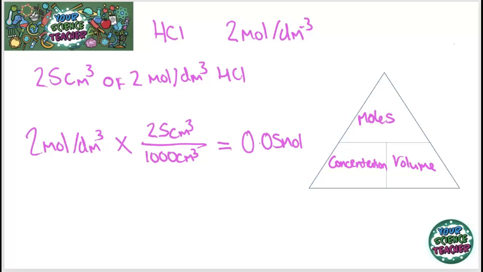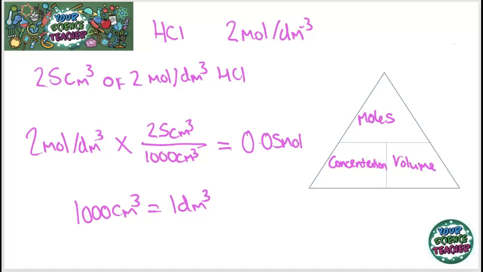It's just really important to remember to always, if you've got it in centimeters cubed and you have the concentration in moles per decimeters cubed, always turn it into decimeters first. Remember that there are 1,000 centimeters cubed in 1 decimeter cubed.